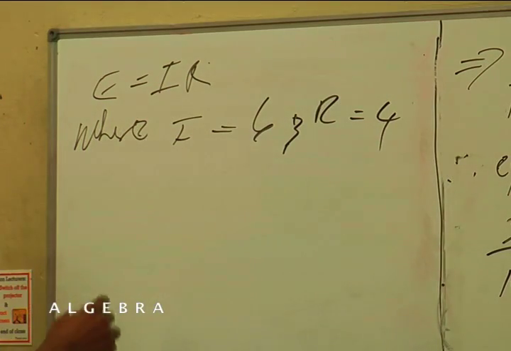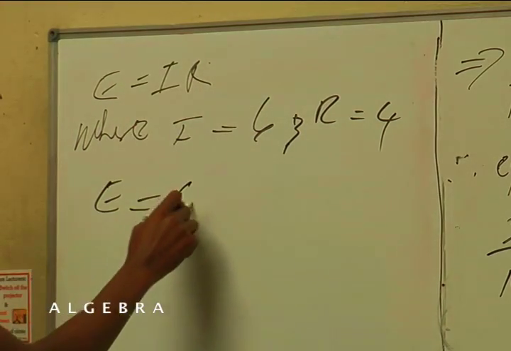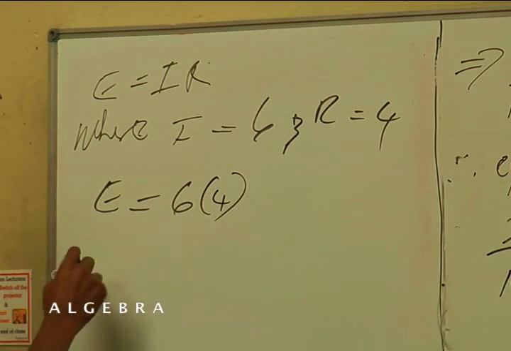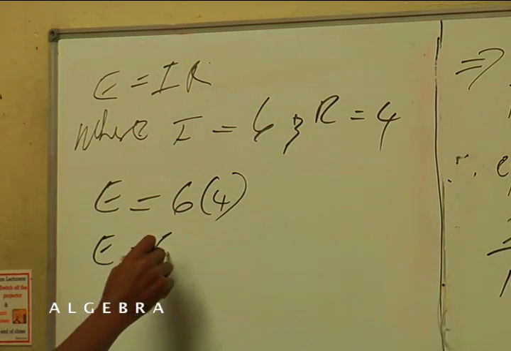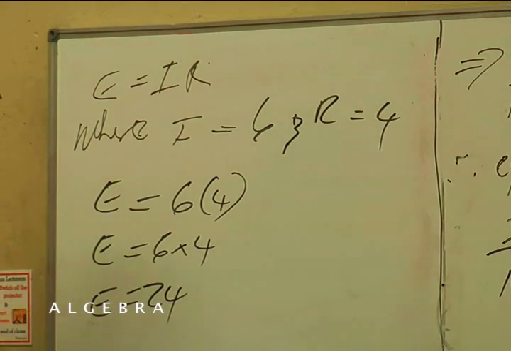All you do, anywhere you see I, you put 6, anywhere you see R, 4. E equals 6 times 4, E equals 24. You see it?